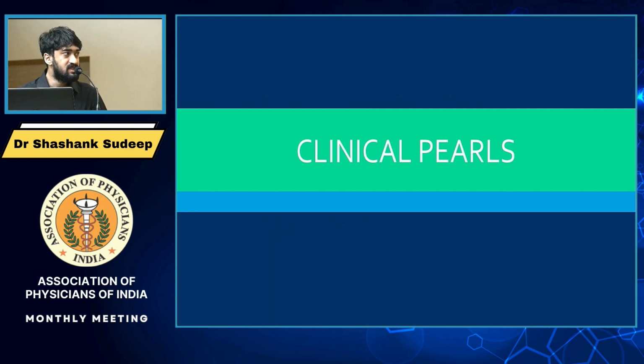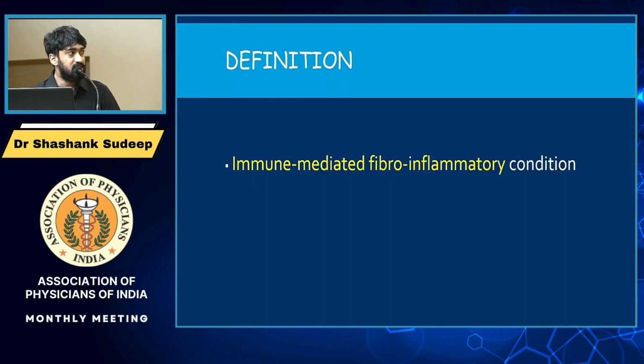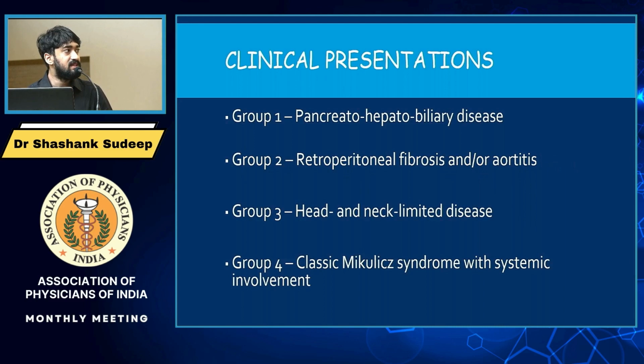So moving on to some clinical pearls and some take-home points that we can learn from this case. Basically, IgG4 related disease is an immune-mediated fibro-inflammatory condition. There are basically 4 phenotypes or spectrums of clinical presentation. As you can see, our case came under the second group of retroperitoneal fibrosis with aortitis.